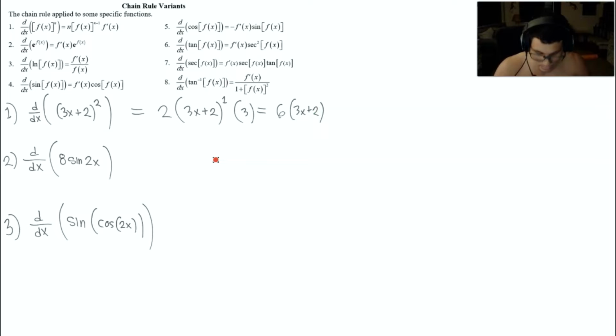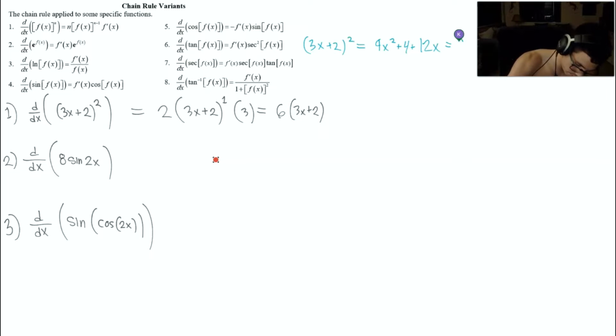Now, since you maybe don't believe me, I'll show you real quick. (3x plus 2) squared is the same thing as 9x squared plus 4 plus 12x, right? And then let's call this equal to f of x.